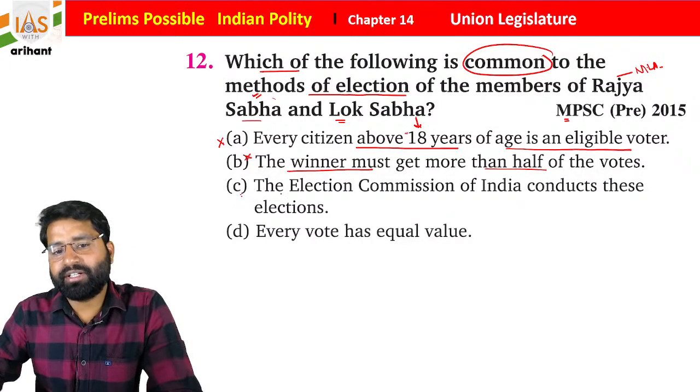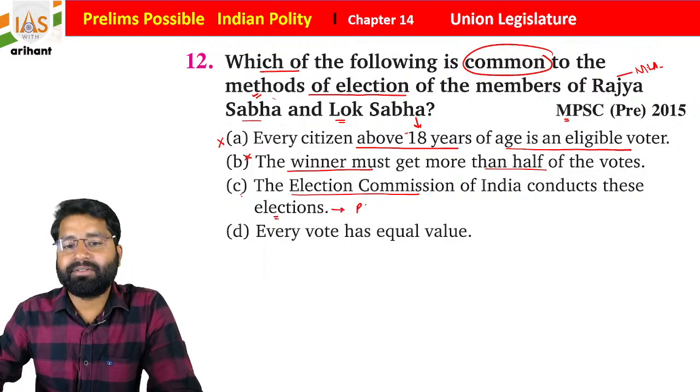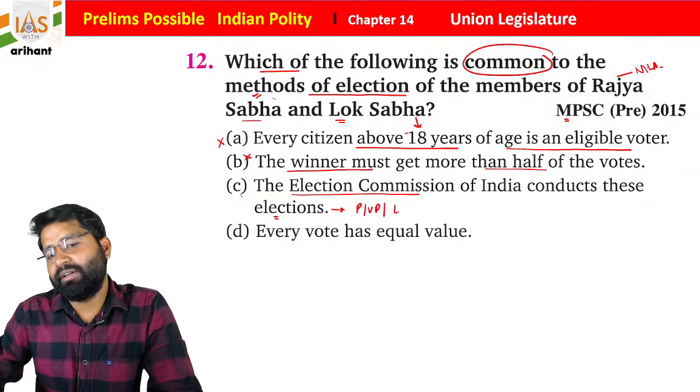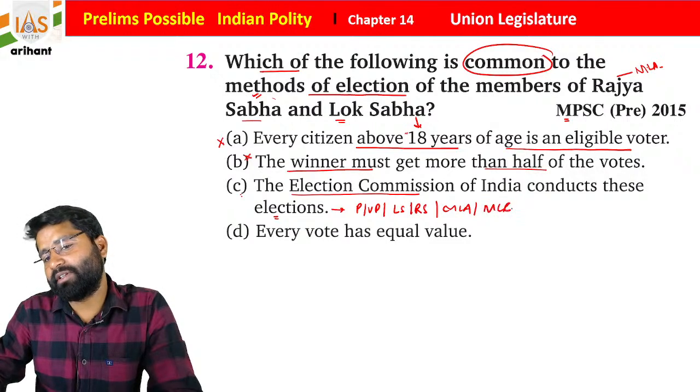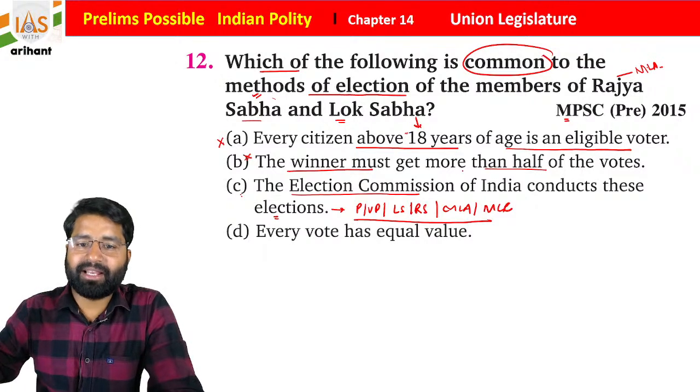Now, if you read the statement, the Election Commission of India conducts the election for the President, Vice President, Lok Sabha, Rajya Sabha, members of the Legislative Assembly of a state, and members of the Legislative Council. So these elections are conducted by the Election Commission.